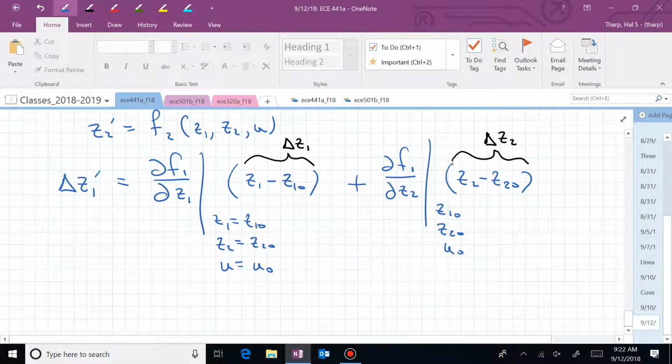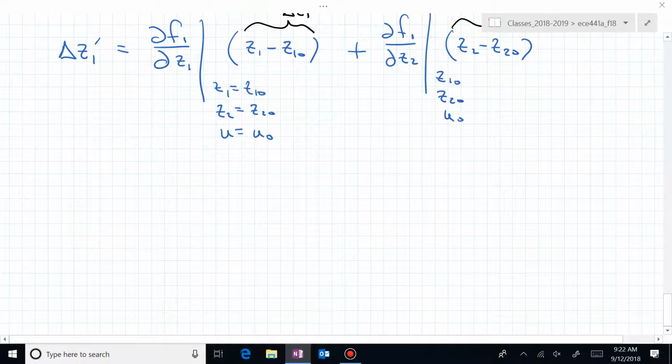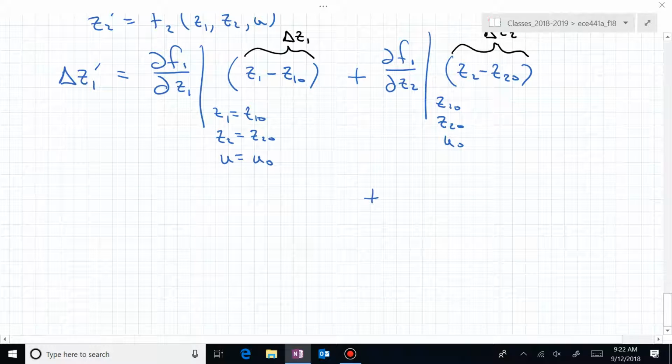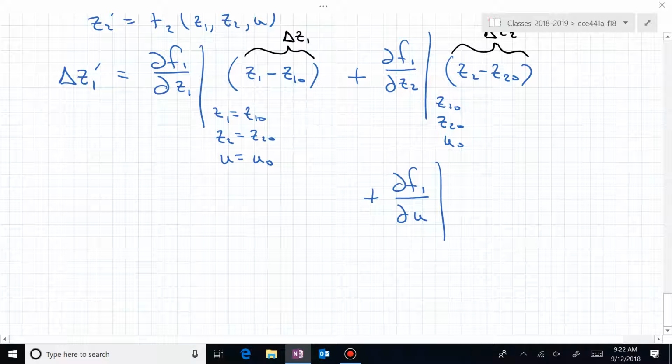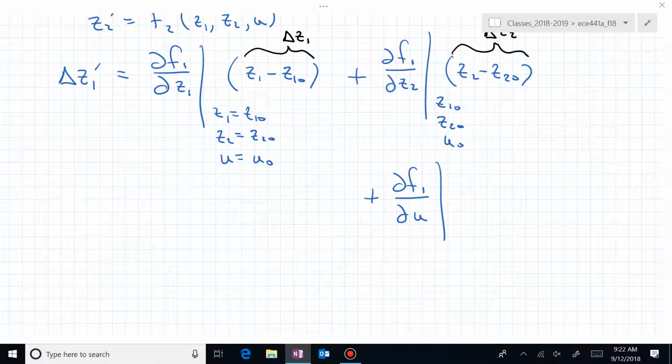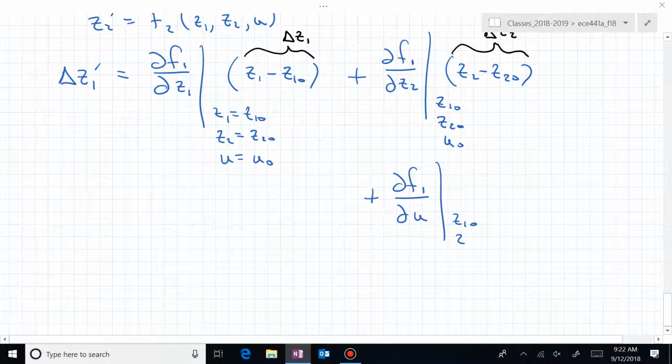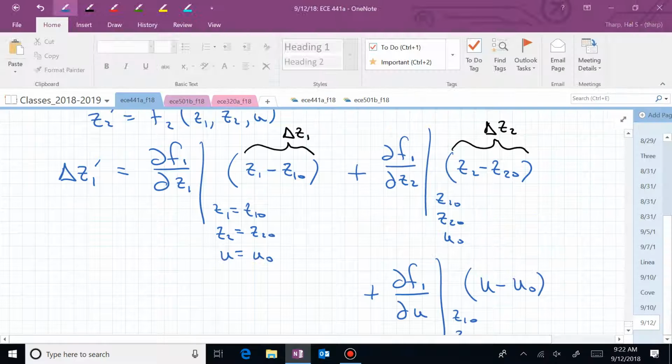One more piece to this puzzle on the right-hand side, and that is partial of f1 with respect to u. Again, once I've found the partials, I replace all of the z1, z2s, and u's with the nominal versions or the operating condition. And this is the small variation of u about u naught.